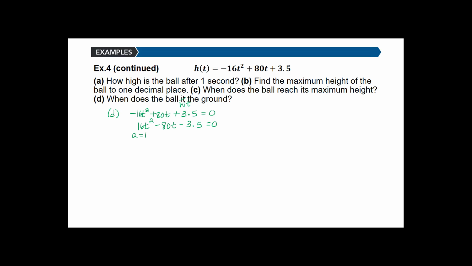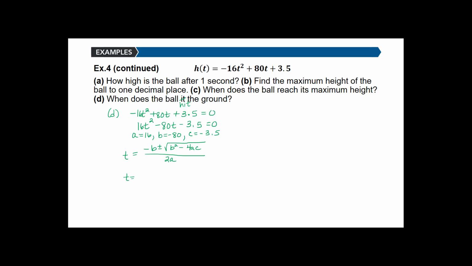So we get a is equal to 16, b is equal to negative 80, and c is equal to negative 3.5. To solve this quadratic equation, I would suggest that we use the quadratic formula. We don't have x, we have t is equal to, let's restate this. Hopefully you can recall this by heart. The opposite of b plus or minus the square root of b squared minus 4ac, all divided by 2a.